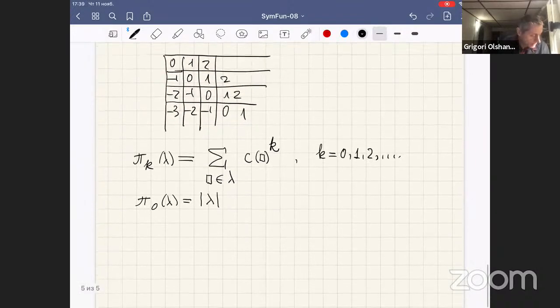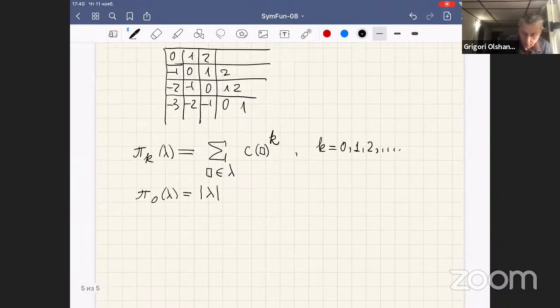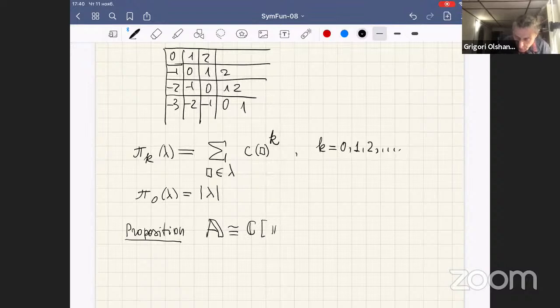And now the result is as follows. Some proposition. The algebra A of regular functions can be viewed as the algebra of polynomials in these elements.